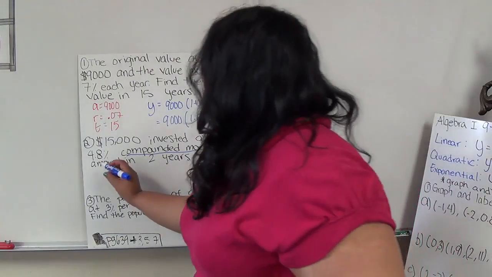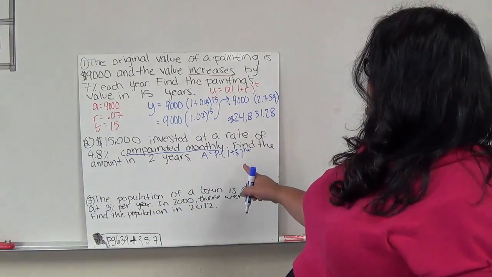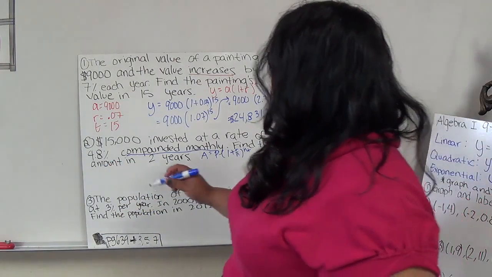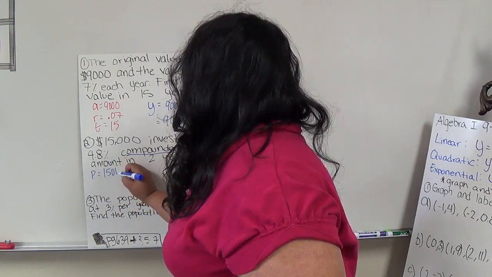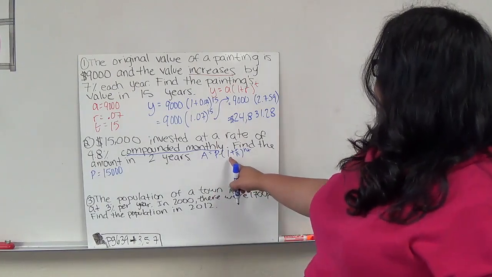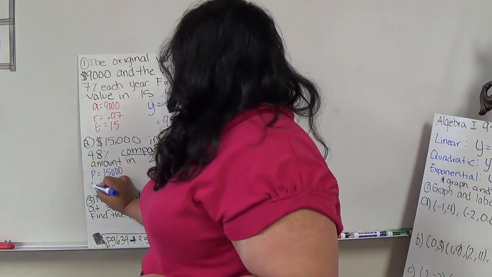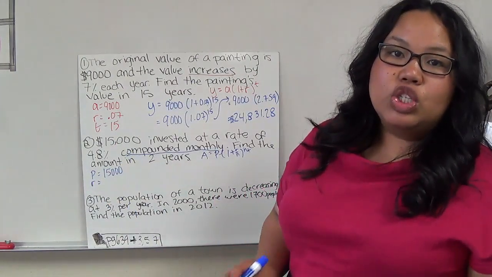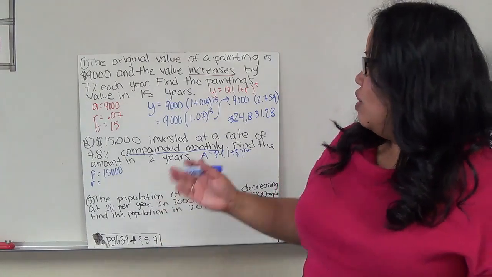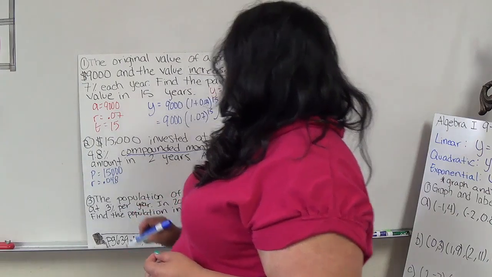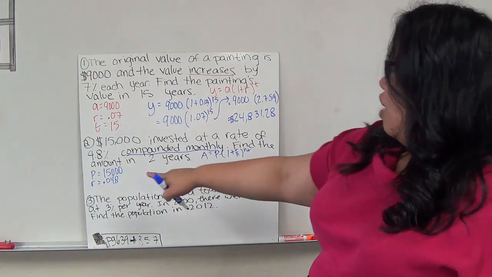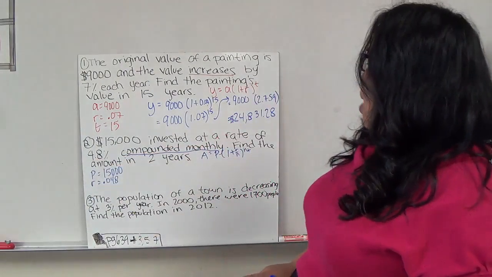A is our amount that we're looking for. Our original amount P would be 15,000. My r would be my rate, 4.8. Don't forget to please put this in decimals, so I'm going to divide that by 100, and that's how I got 0.048.